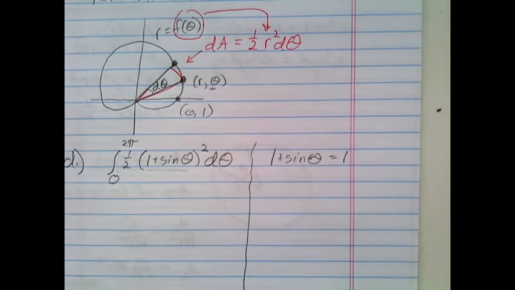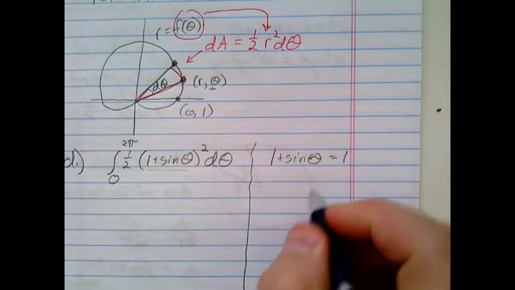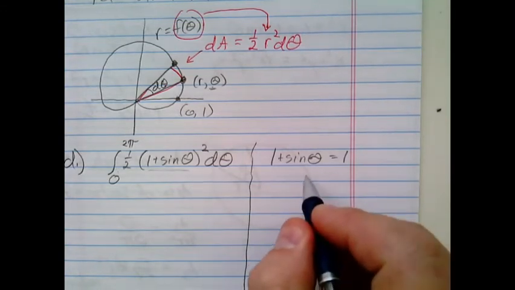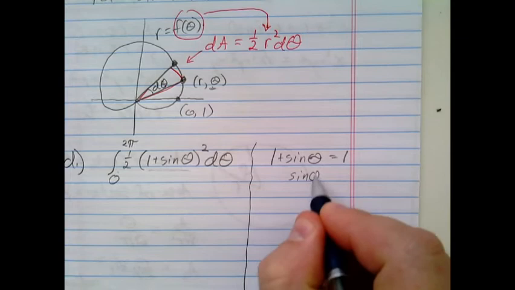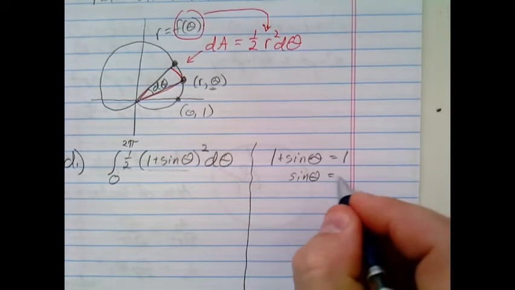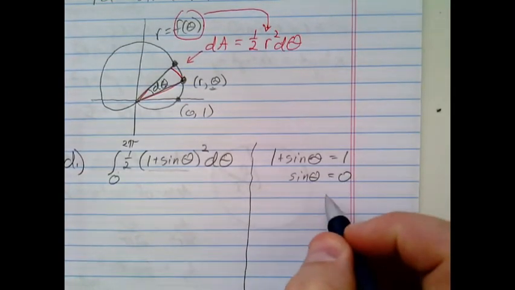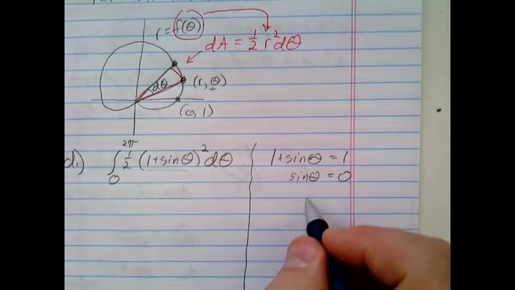Doing that gives me a chance to figure out when r is equal to 1. If I solve this equation, I can subtract 1 from both sides and get sine of theta equals 0. Now I know that sine equals 0 at pi and 2 pi.